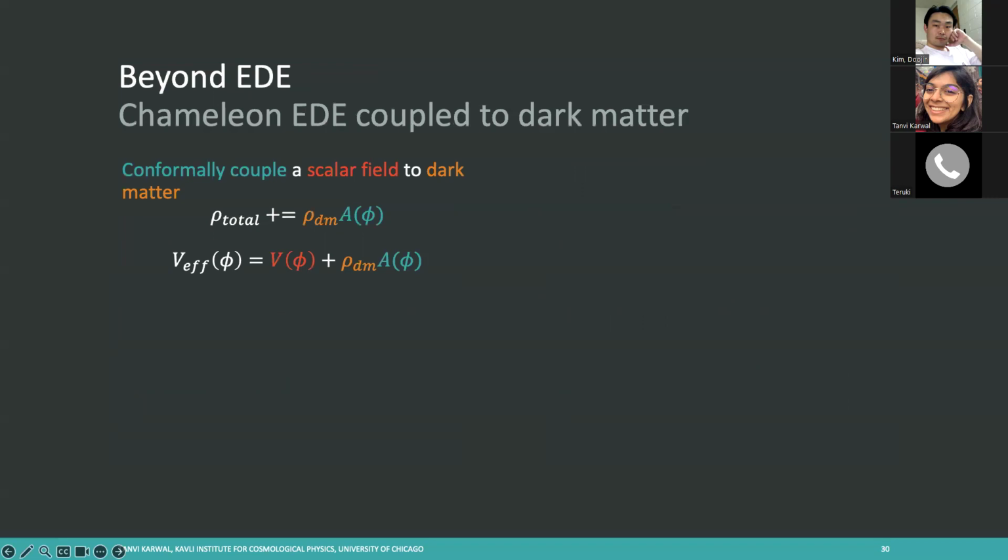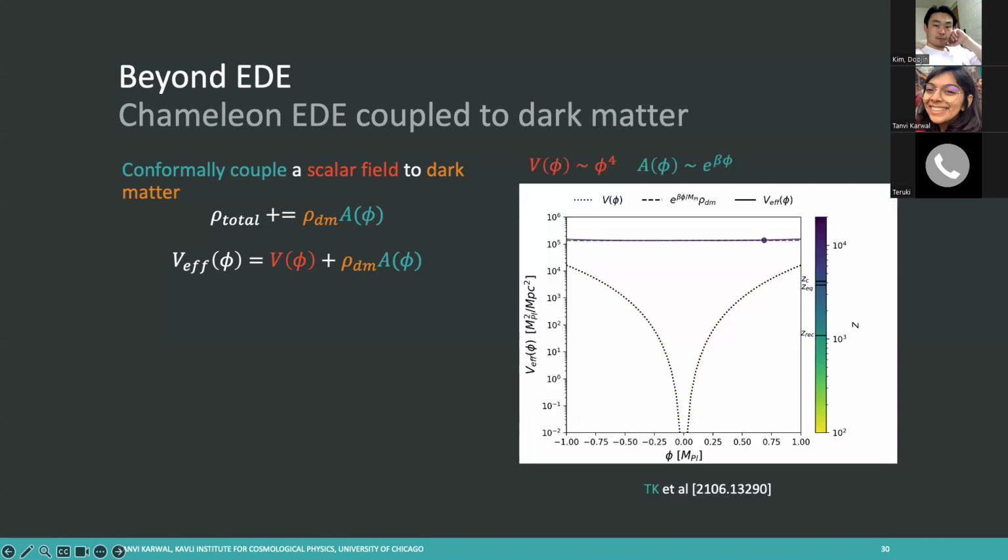So that's one of the things that we thought about with coupling early dark energy to dark matter via chameleon interaction. So you have dark matter's energy density that then gets modulated like this, and the scalar field now moves in an effective potential that looks like this, which gets contributions from both. I'm sorry that this is, again, very jittery. For specific choices of the potential and for the coupling constant, you get a scalar that rolls in this sort of effective potential.